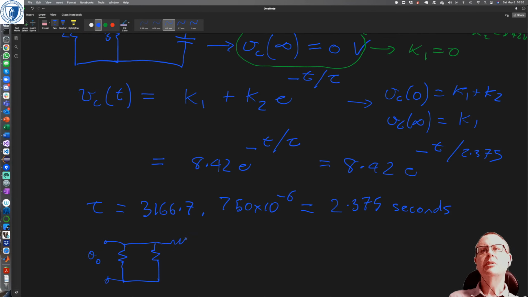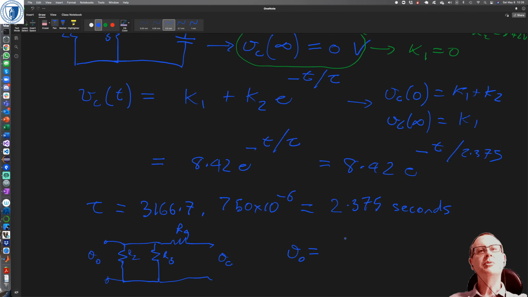Then we've got our VC here, so that's R2, R3, and R4, and the relationship between VC and the output voltage is just through a voltage divider.